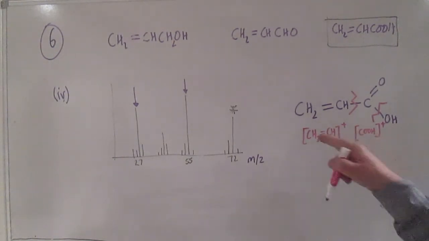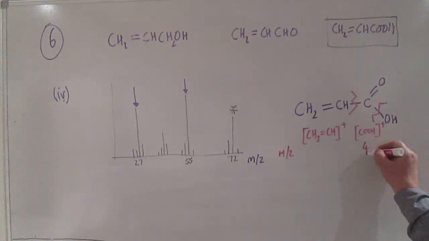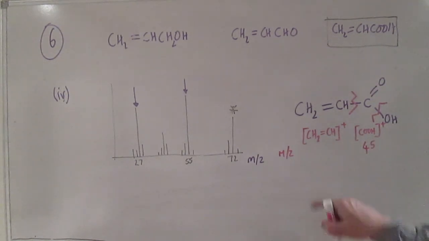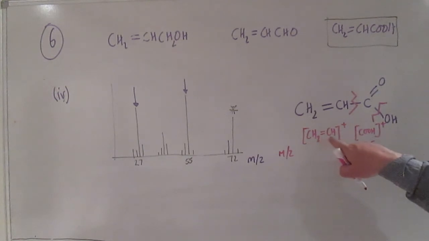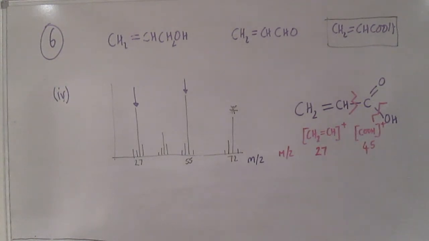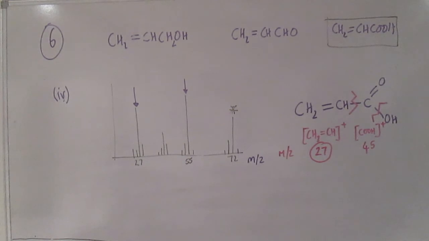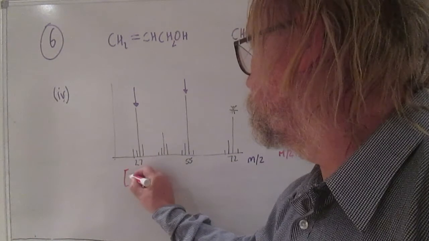But if either of those positive ions formed, this one would have an m over z of 45, and this one you've got 14 plus 13 is 27. So this peak is not one of the two we're concerned with, but this one is. So we can say yes, that fits with this structure because CH2, CH plus. Remember, you must put the bracket around it and put the positive charge outside to show that the thing is a positive ion when you're accounting for that peak. So that's what we think this one is.